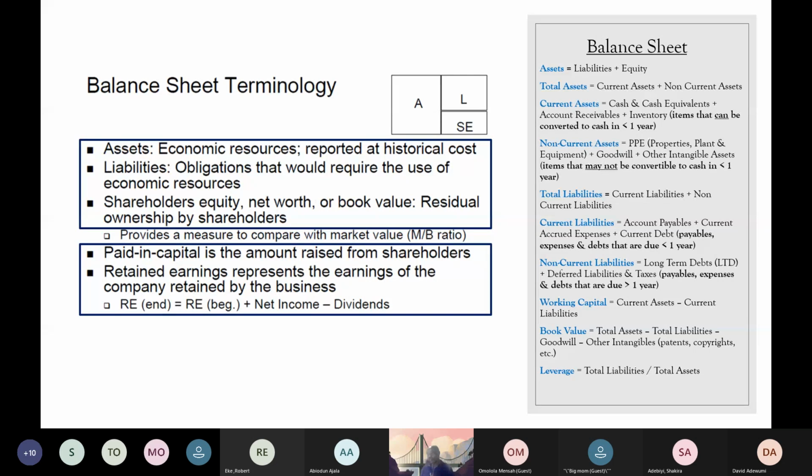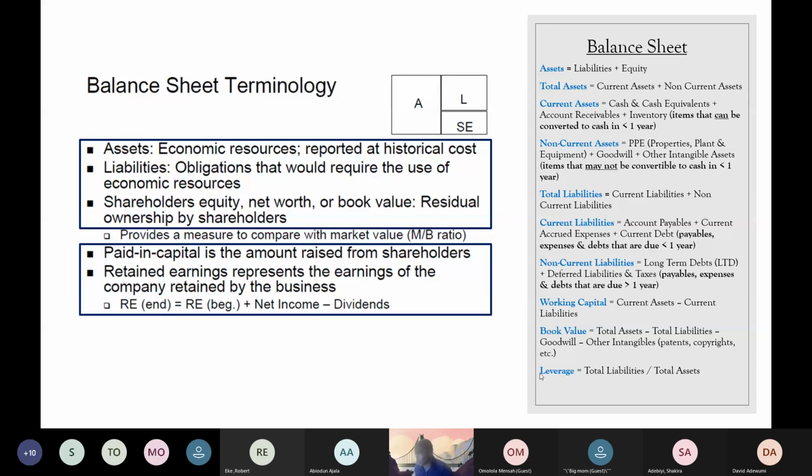When it's below the book value, it is a value stock. I've explained that for those that were in the class; for those that joined later, you can look at the video on intrinsic value and get the same information. And the last one that I will talk about on the balance sheet is called leverage.